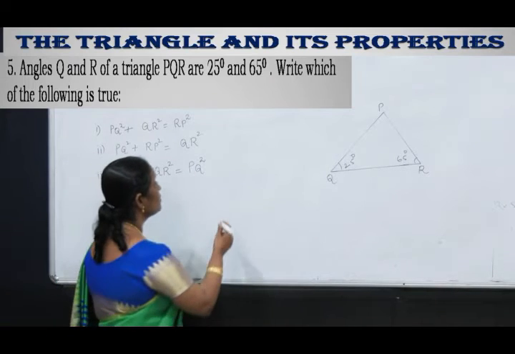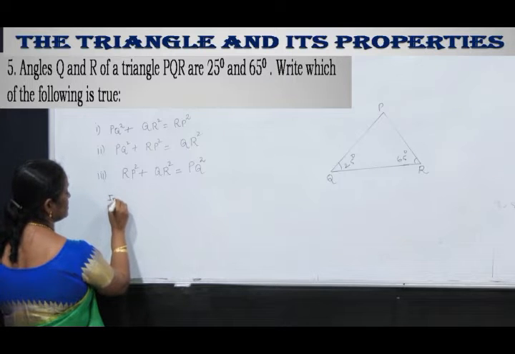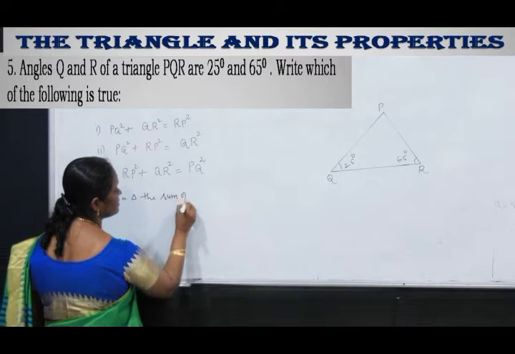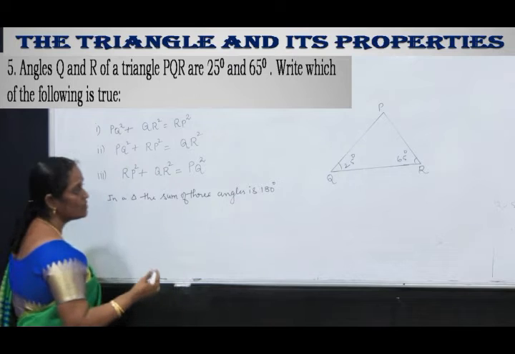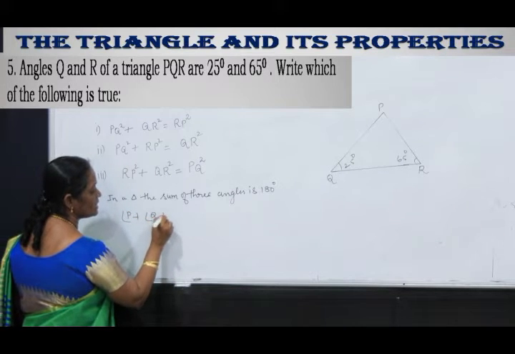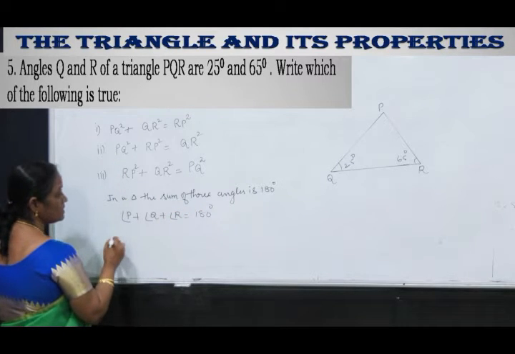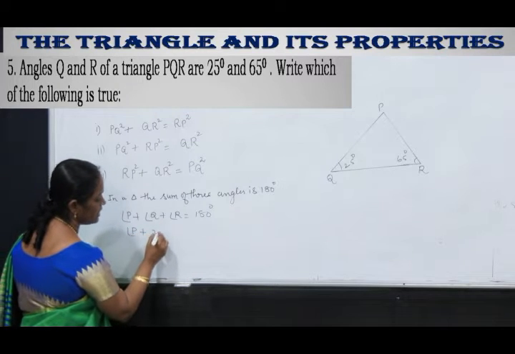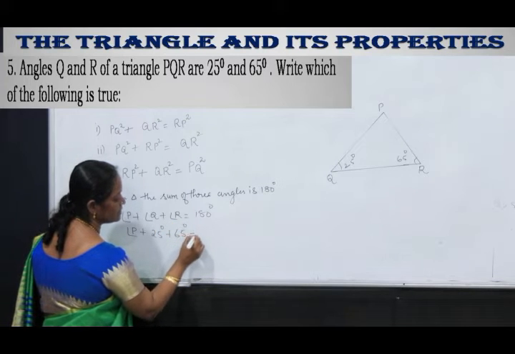Let us check. Now, we know that the sum of the three angles of a triangle is 180 degree. So here angle P plus angle Q plus angle R is equal to 180 degree. Here angle P is not given. Angle Q is 25 degree and angle R is 65 degree.